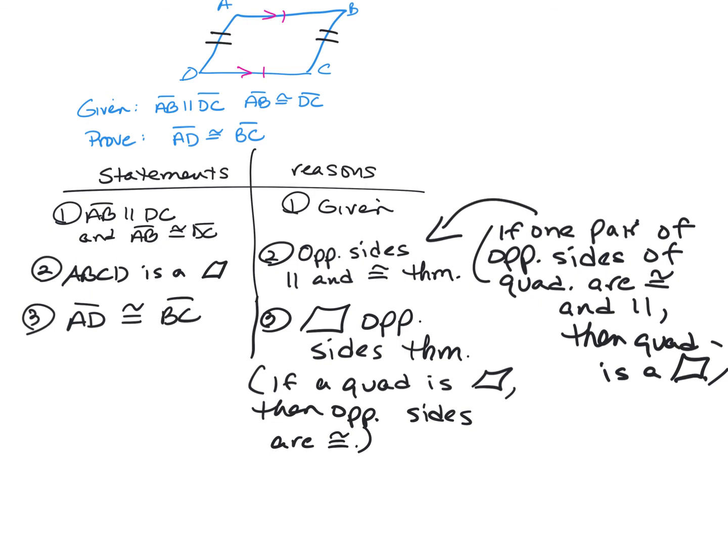We will get more in depth when we see the special quadrilaterals like squares, rectangles, and rhombuses, and that's where we're going to bring in our congruent triangles as well. There's a question in the homework where it gives you 4 ordered pairs. You're going to have to graph them, and you have to show that the quadrilateral is a parallelogram by either doing the distance formula to show that the sides are congruent, or doing the slope formula to show that the sides are parallel.